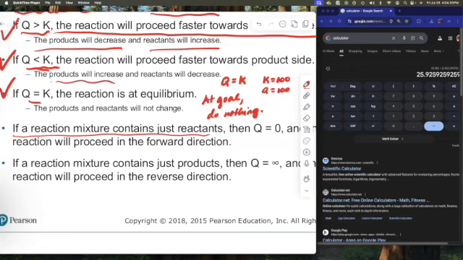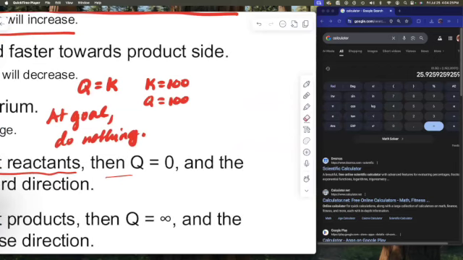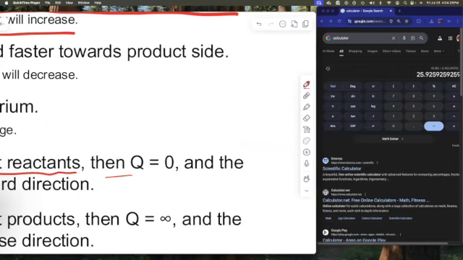Okay, since my goal is to explain what is written here, it says, if the reaction mixture contains just the reactants, Q is equal to 0 and the reaction has to proceed forward. Okay, to explain that statement, this goes back to what I was telling you guys earlier, okay? Our goal is to reach equilibrium.